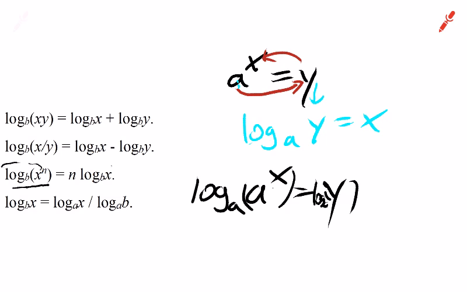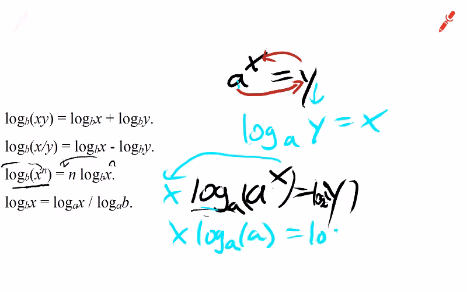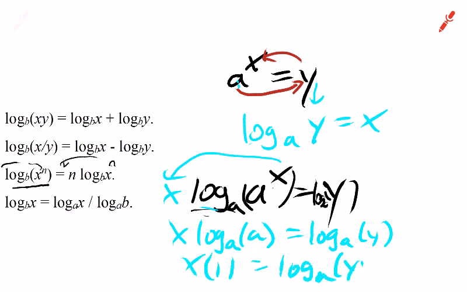See the n that was there, we pulled out in front. That's what we're doing here when we do the log base a of a to the x. We pull the x out in front, so it's x times the log base a of a equals the log base a of y, and then log base a of a is 1, and that's it. That's how we simplify that.